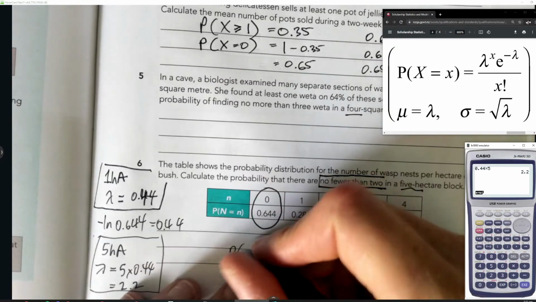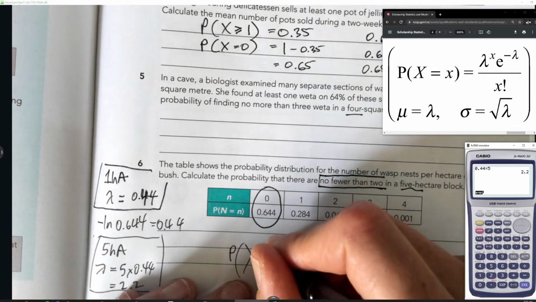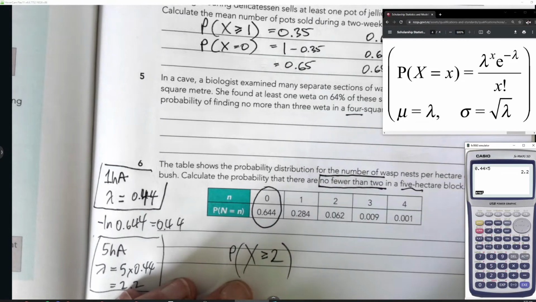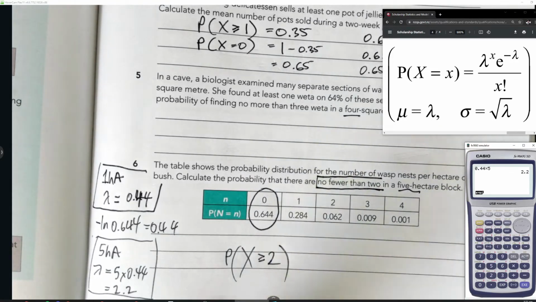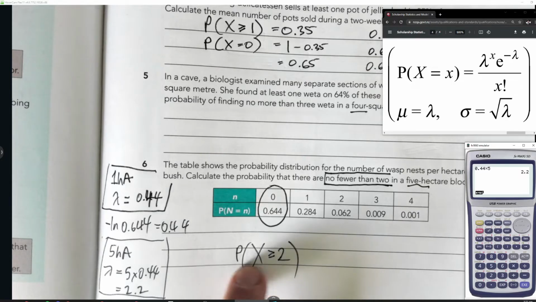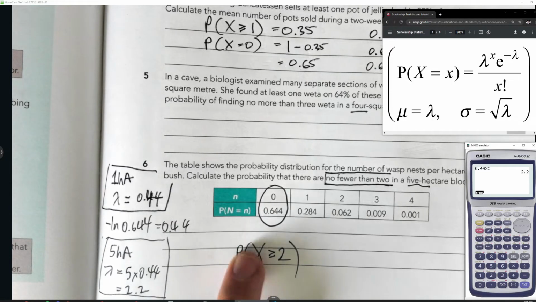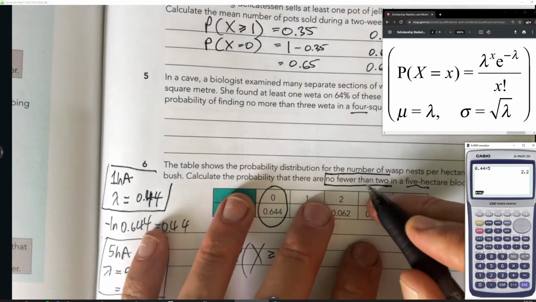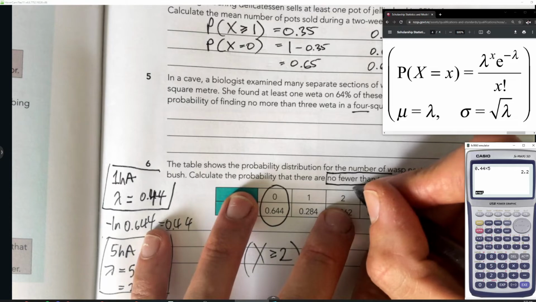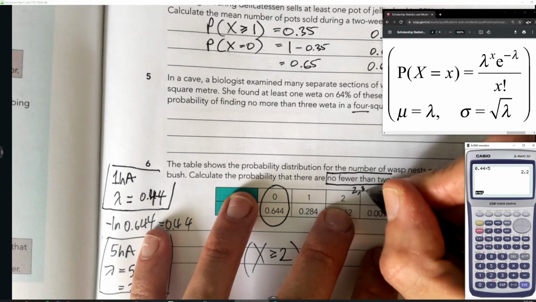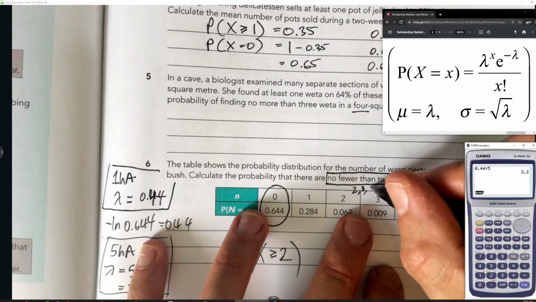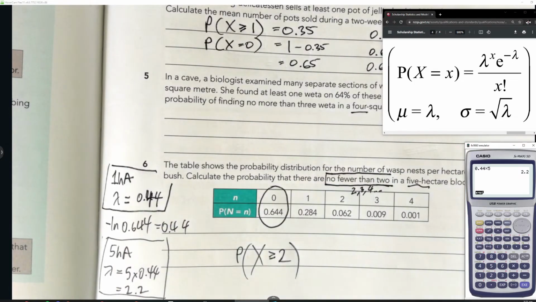So maybe they want to know P(X ≥ 2). I think that's what they're asking for: the probability that the wasps nests showing up is greater than or equal to 2, because no fewer than 2 means the number 2 is not fewer than 2, the number 3 is not fewer than 2, but the number 1 is fewer than 2. So that's what they are asking for there.